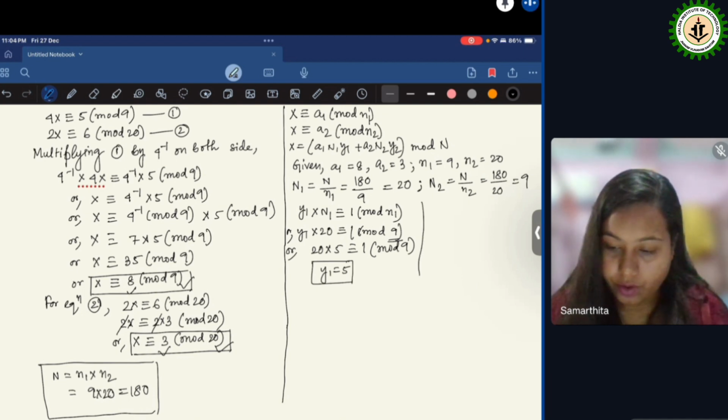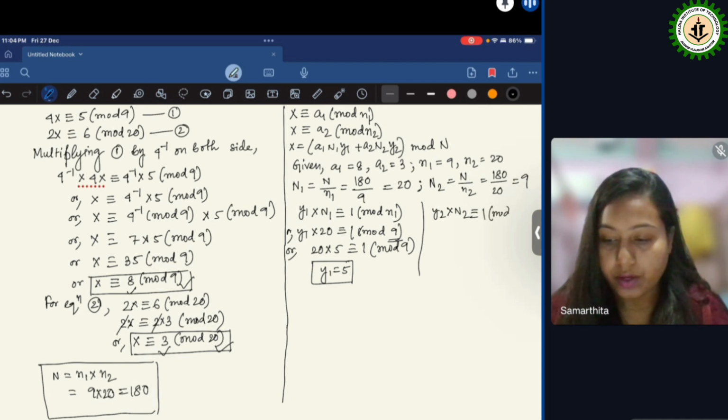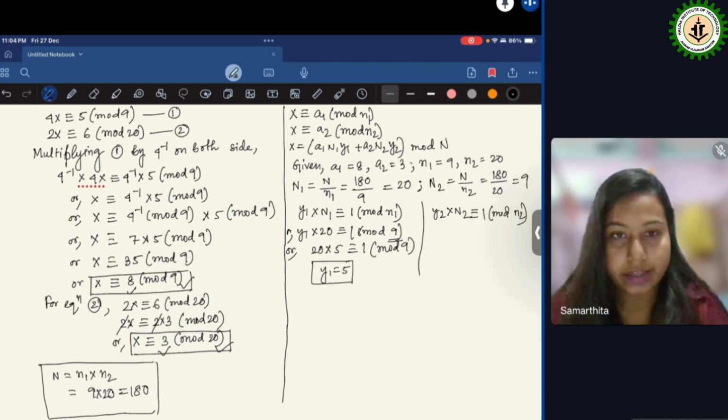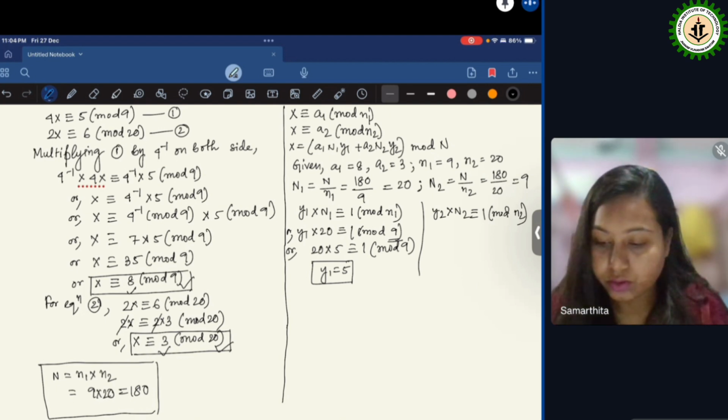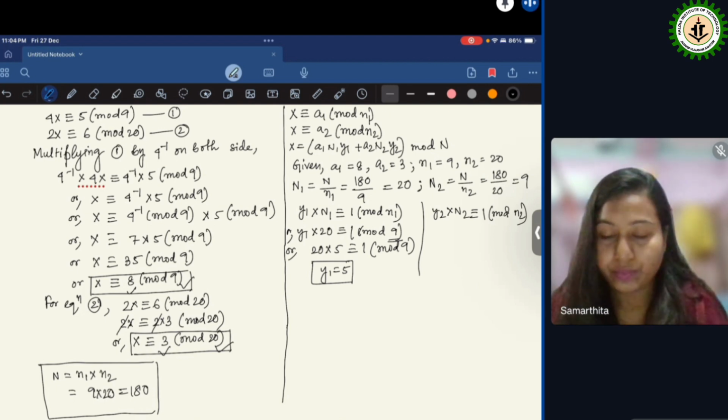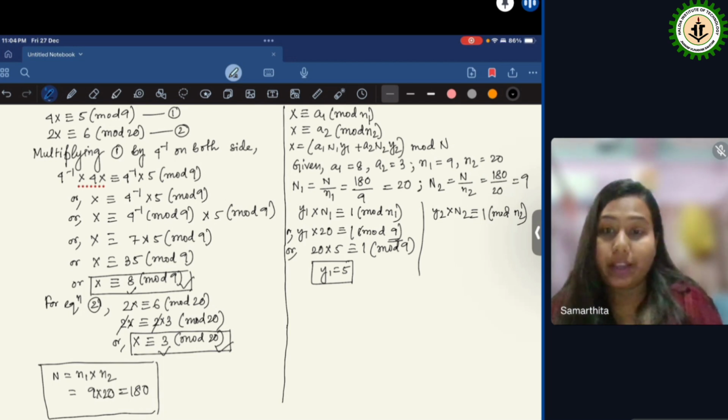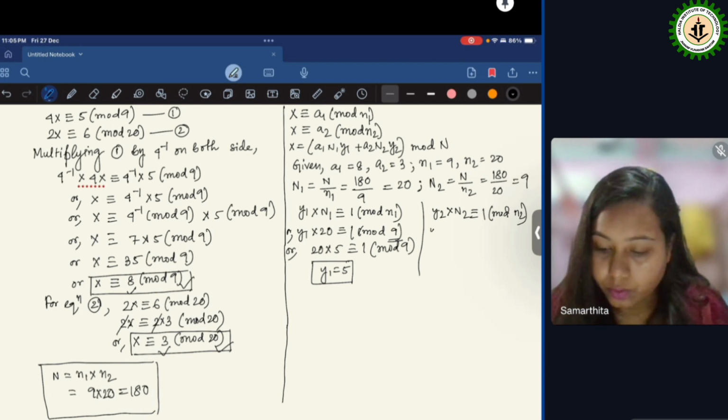And for y2, this is also n2 congruent to 1 mod n2, right? So now let's try for a big integer. Okay, try for 7, because y2 into n2 value 9 is congruent to 1 mod 20.